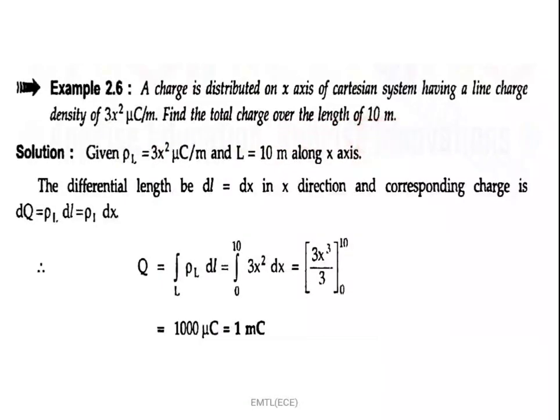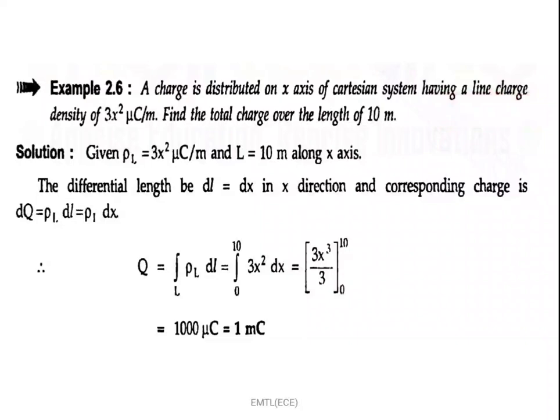In the problem the line charge density is represented by the letter rho L, and rho L is equal to 3x square microcoulomb per meter, and the length L is equal to 10 meters, and it is clearly along the x-axis. That means it is simply a line charge distribution.